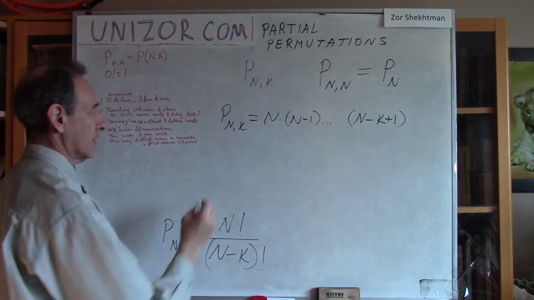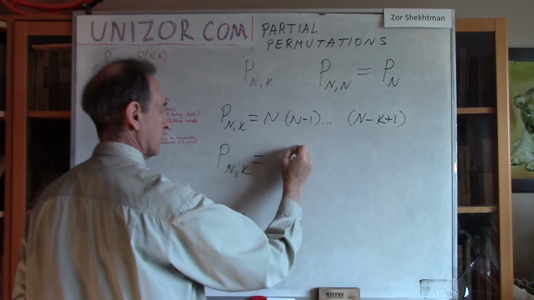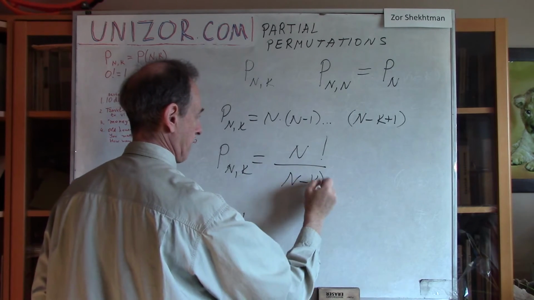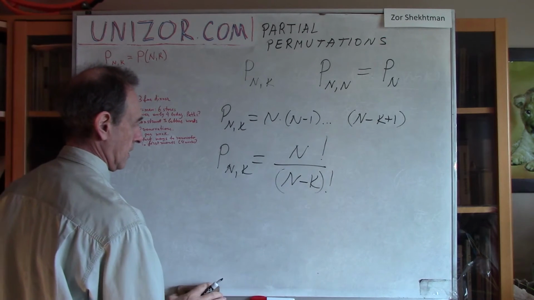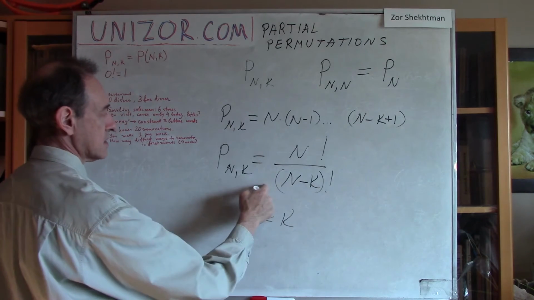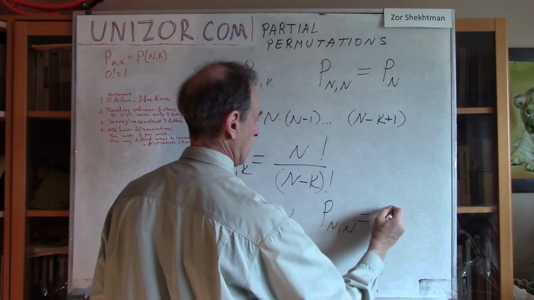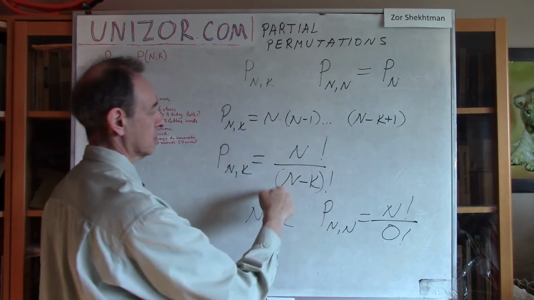But this formula gives us a little different result. If n is equal to k, then this formula gives zero factorial, right? n minus n.